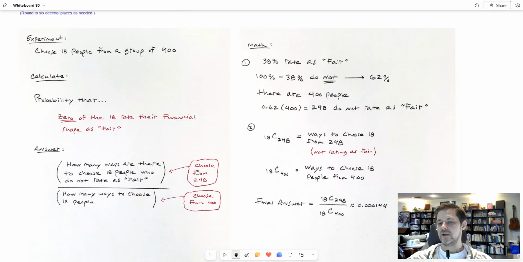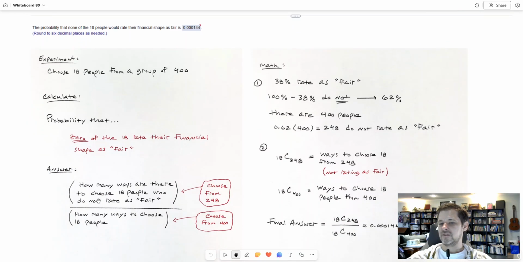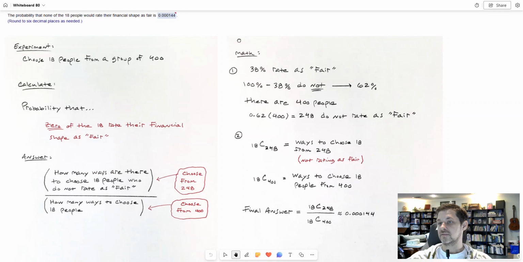Now, why do I say that here we're choosing from 248? Well, I notice in this pie chart that 38% of this entire group of 400 rate their financial shape as fair. So if I need to start counting the ways that people do not rate their financial shape as fair, I might think of it like this. You either rate your financial shape as fair or you don't.